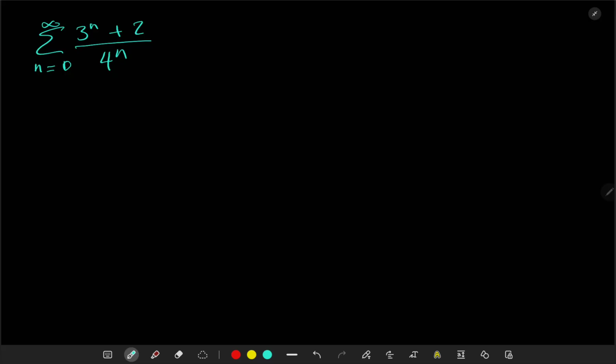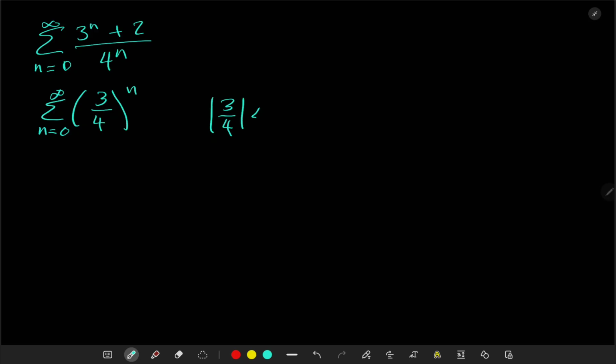Anyways, just for the sake of example, we're going to compare it to the sum from n equals 0 to infinity of (3/4)^n. Because I know by the geometric series test that this one converges, because 3/4 is less than 1 in absolute value.